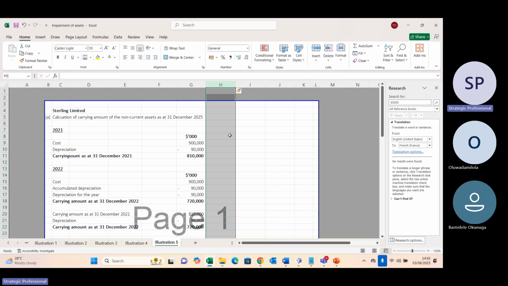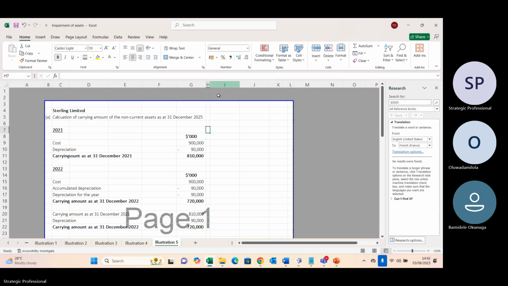Okay. So now, like you guys said, this method is too long. What we then do is, alternatively, to get the carrying amount as at 31st December. Knowing the definition of carrying amount, what is it?